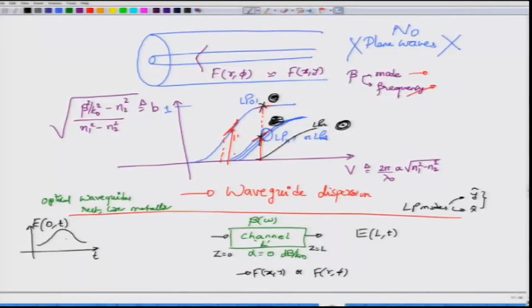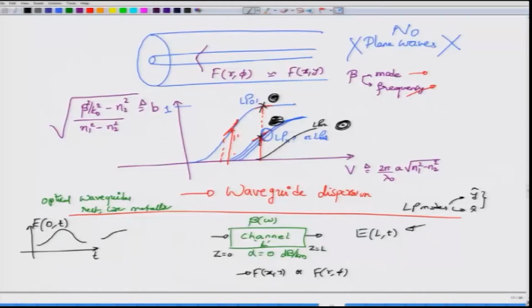Unfortunately, I cannot work in the time domain if I want to understand how to obtain this electric field at the output. If I want to understand the pulse propagation, I cannot do it in the time domain; I will have to do it in the frequency domain. And the basic idea that we are going to use is very simple. We are going to convert this into the frequency domain by going through the Fourier transform, which will land us with E of 0, omega.